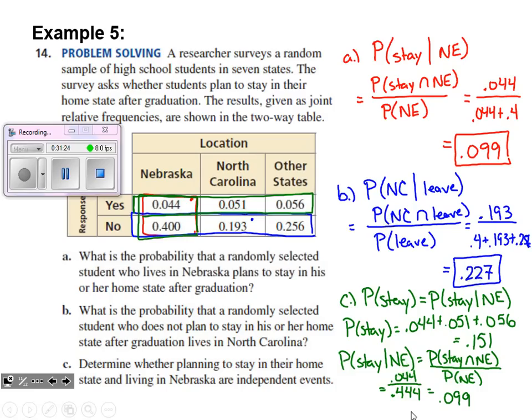Since those two probabilities are different, in other words, just staying as a result of the survey is not the same as staying given that you're in Nebraska, we know that they are not independent events.